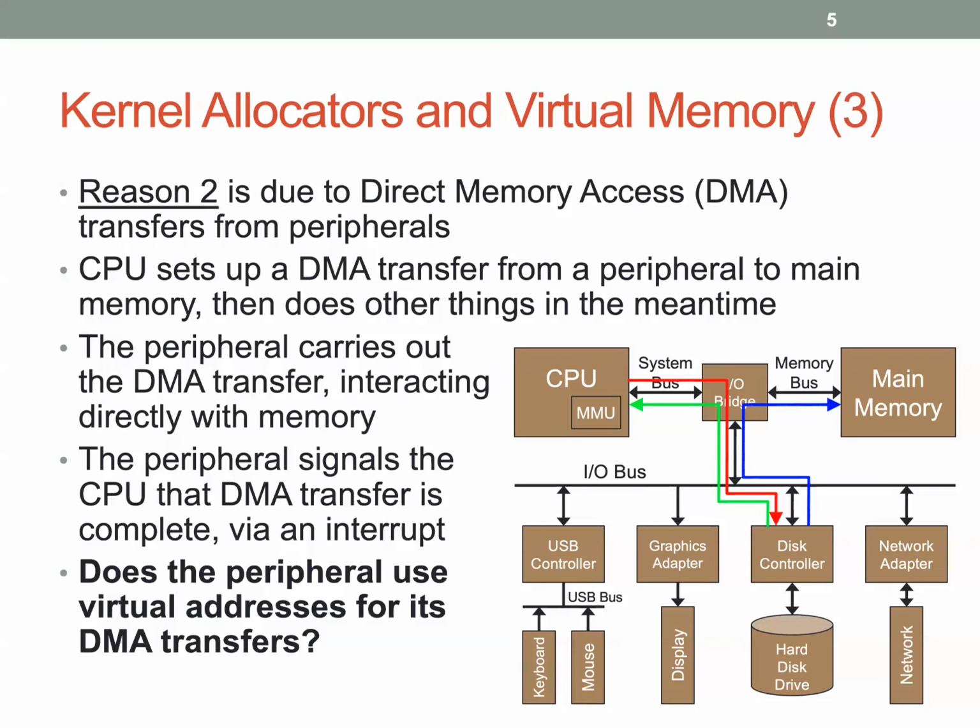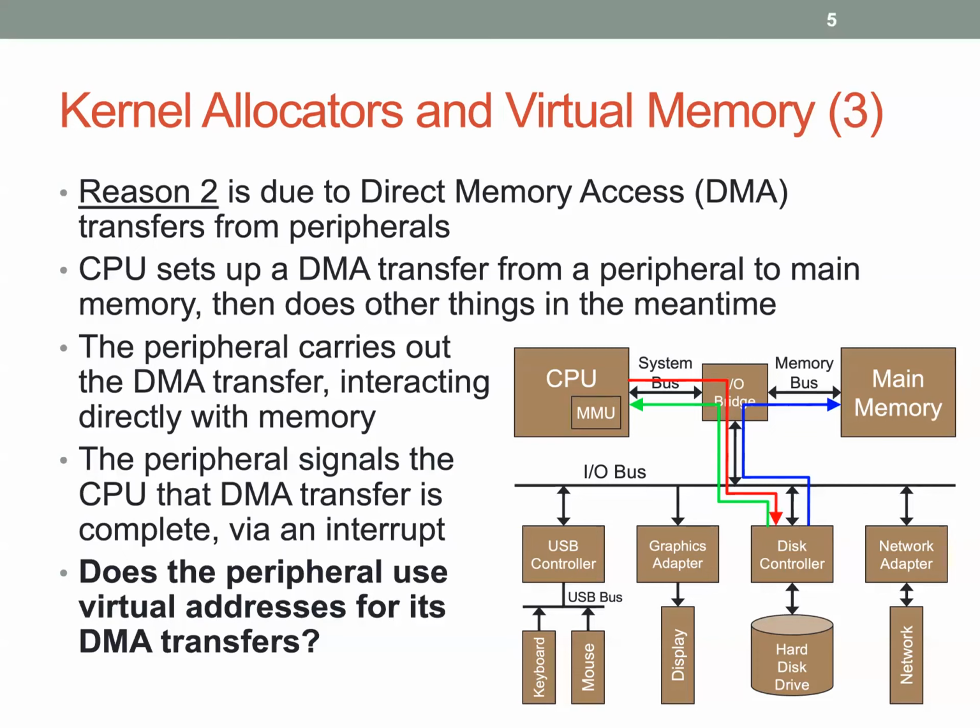This is the question that you have to think about, because look where the memory management unit is. We've got this thing right here on the CPU on the other side of the I/O bridge. The addresses that the disk controller is reading and writing are physical addresses, except in one special case.